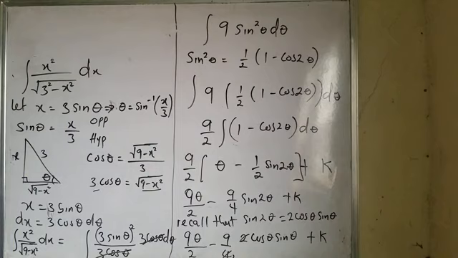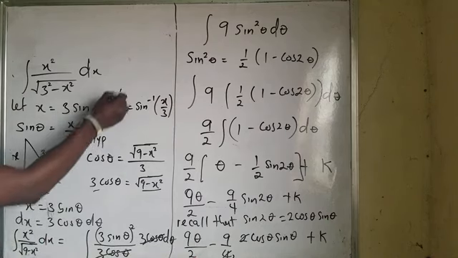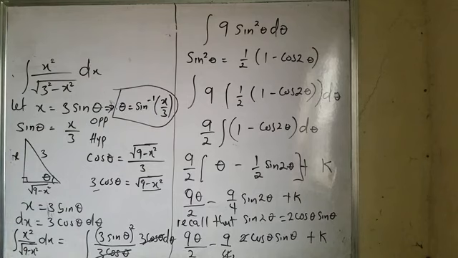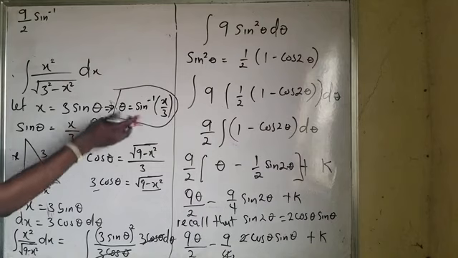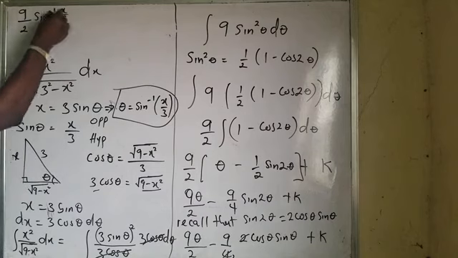Now, don't forget my theta. What is my theta? This is my theta. Since I know that, I can now say 9 over 2 sine inverse of x over 3.